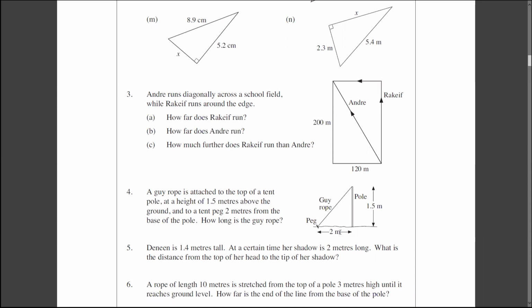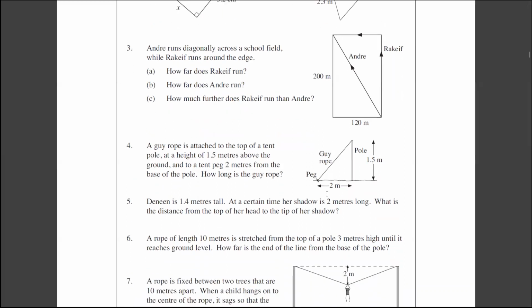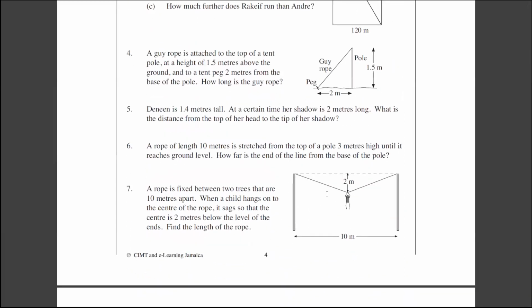So you're basically using 2 meters and 1.5 meters as the 2 shorter sides. And then you go ahead and square them, add them, take the square root, and you find the length of the guy rope, right? So I figure you guys get the drift.